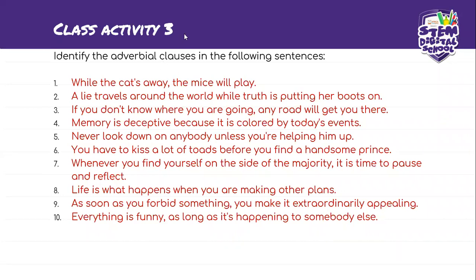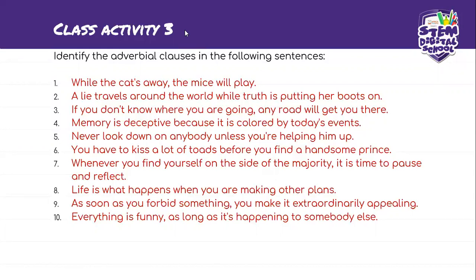Remember what I said: an adverbial clause acts as an adverb and tells us more about why something happens, where it happens, how it happens, and when it happens.